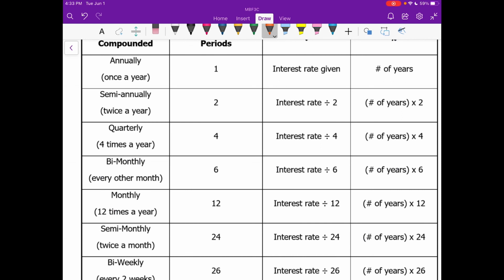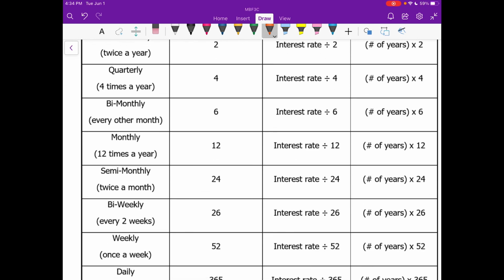So now you have 2 compounding periods. In this situation, the interest rate is divided by 2, and n is the number of years times 2, because you've done it 2 times in a year. So if you were doing this for 6 years, it will have reinvested itself 12 times, because it's 2 times per year for 6 years.